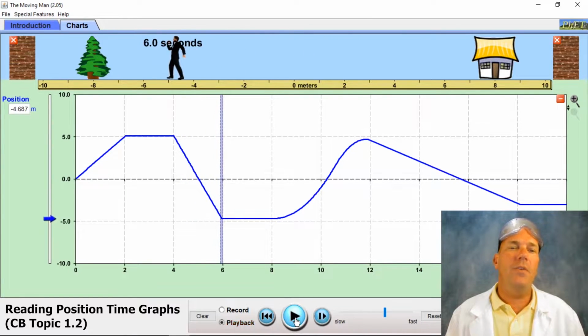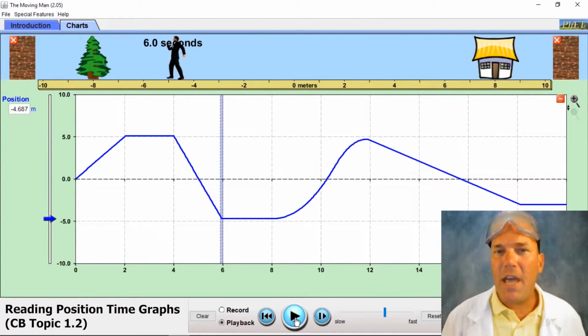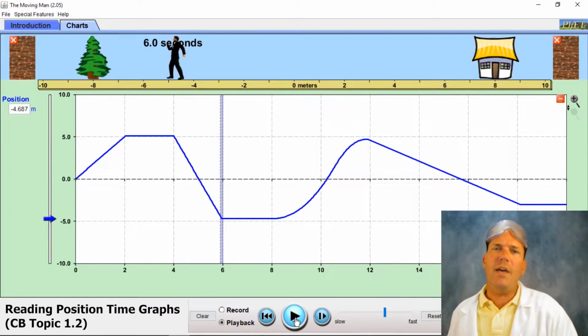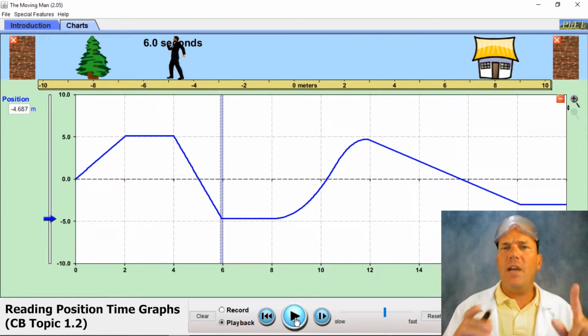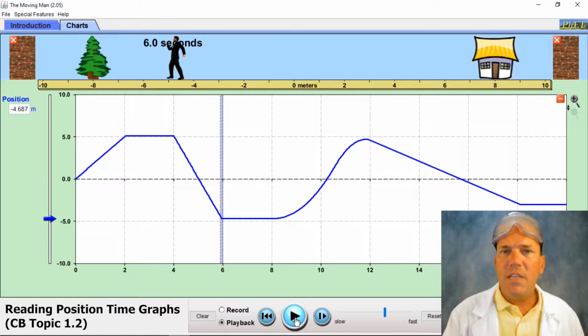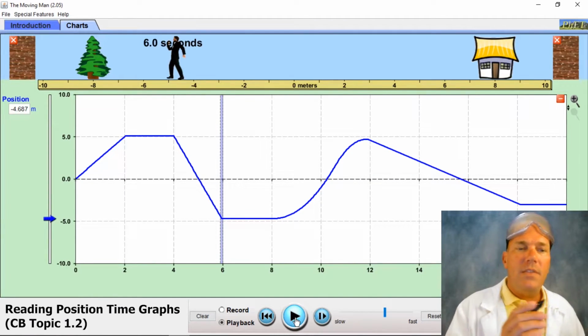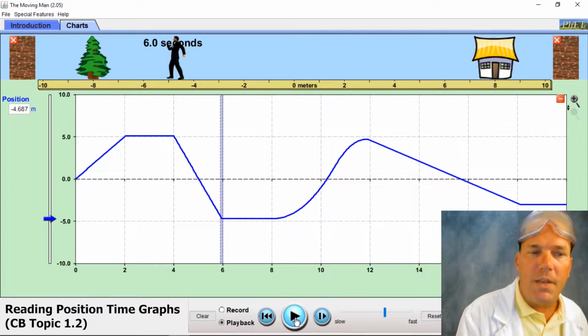However, as you notice, he's moving with a greater speed. So he's moving to the left now, but he's doing it faster. However, his speed is still constant. It's simply greater than the speed in segment 1.